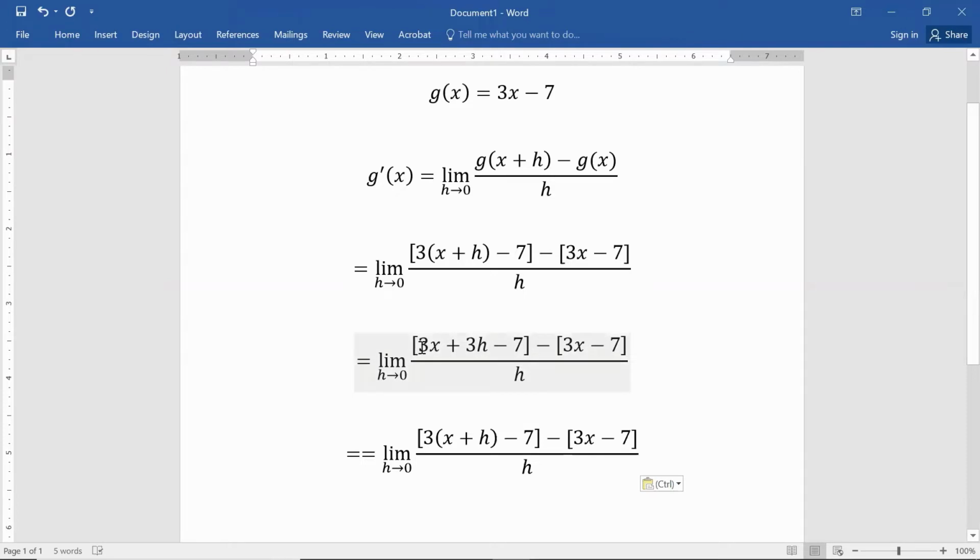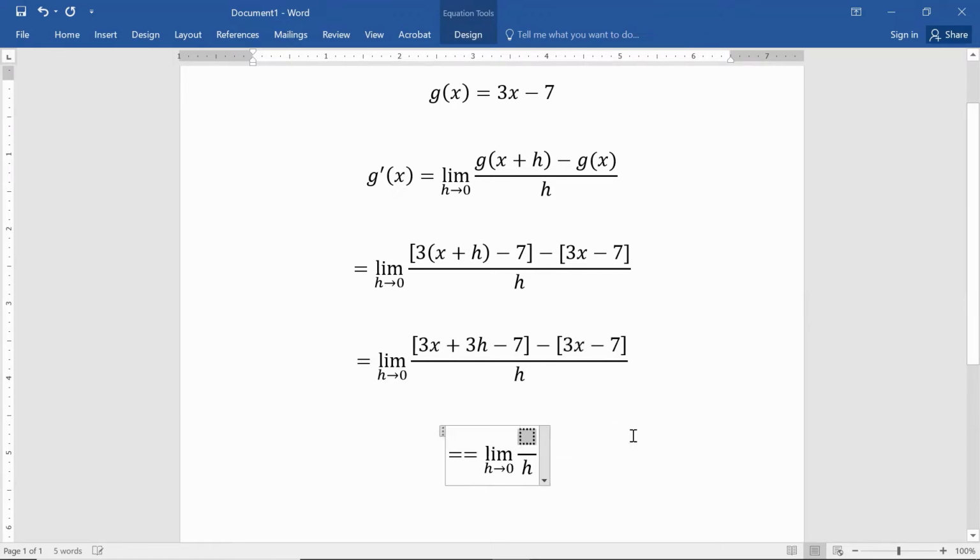When I start to simplify, the 3x from the first bracket and the minus 3x from the second bracket are going to cancel each other out. The minus 7 from the first bracket and the minus negative 7 from the second bracket are going to cancel each other out. So our numerator is only going to have a 3h left in it, and our denominator has just an h.